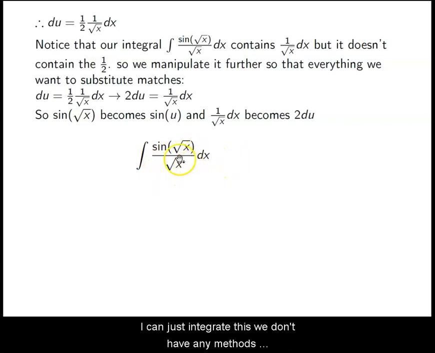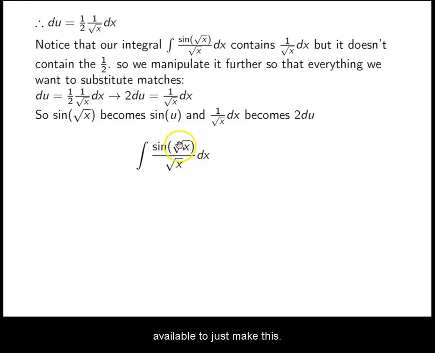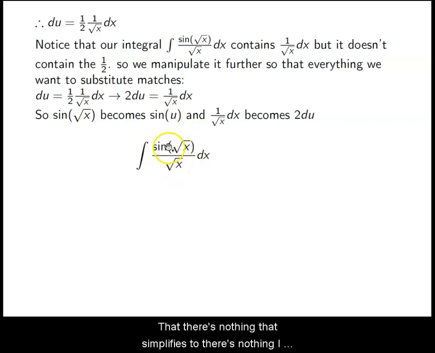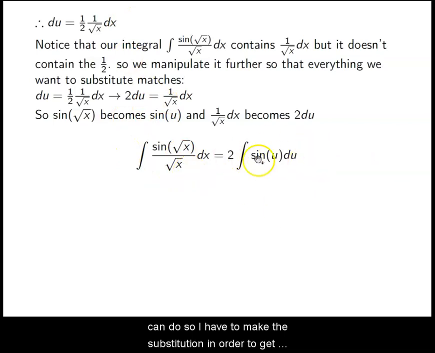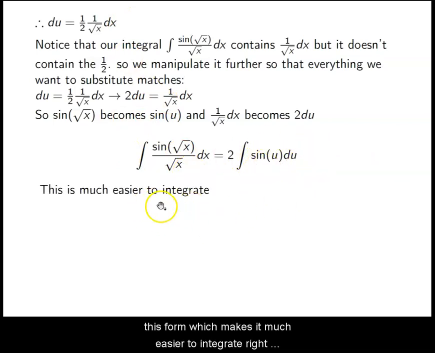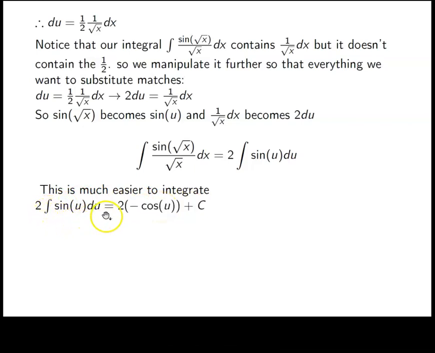We don't have any methods available to just do this; there's nothing that this simplifies to, there's nothing I can do. So I have to make this substitution in order to get this form, which makes it much easier to integrate, right? 2 sine of u du is 2 times negative cosine of u plus this constant of integration, because this is an indefinite integral.